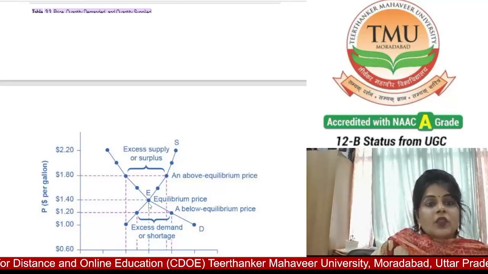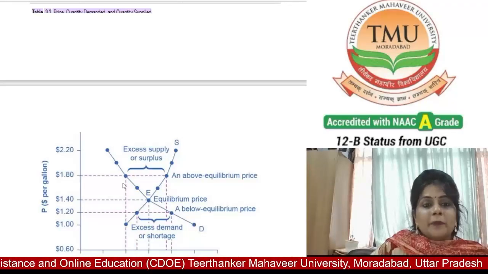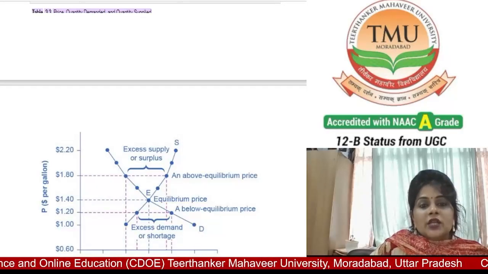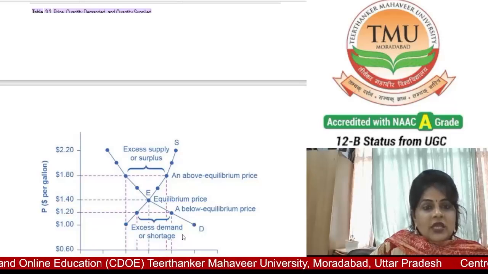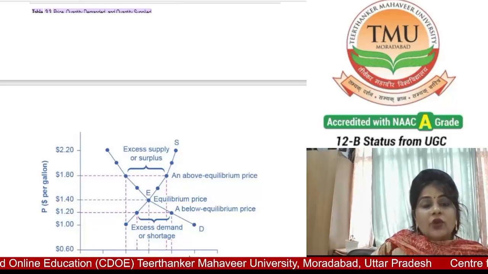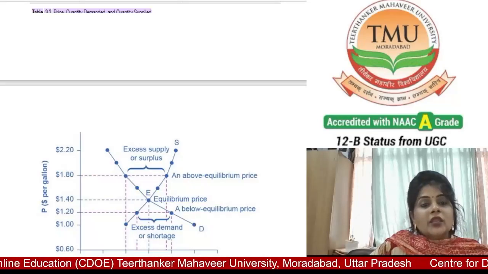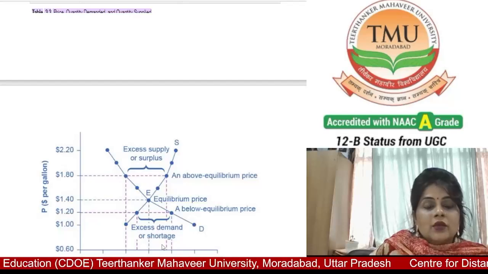Market equilibrium: here we have the price on the vertical axis and quantity on the horizontal axis, and a particular good or service can appear on the same graph. Together, demand and supply determine the price and quantity that will be bought and sold in the market.